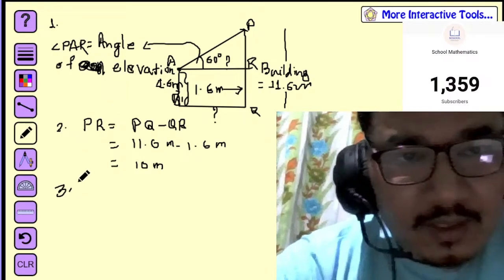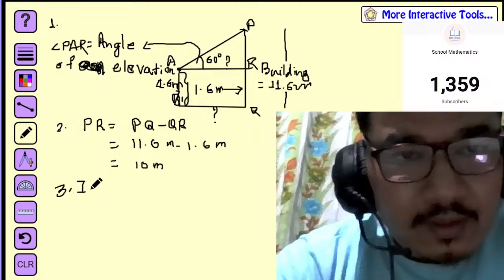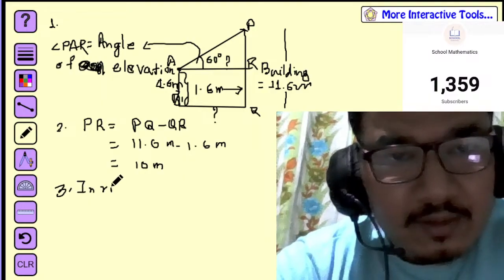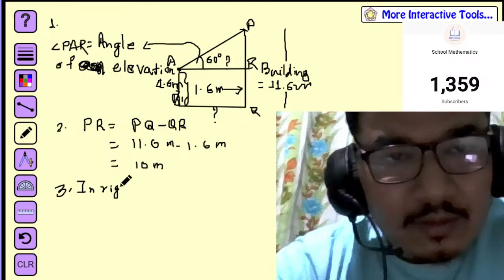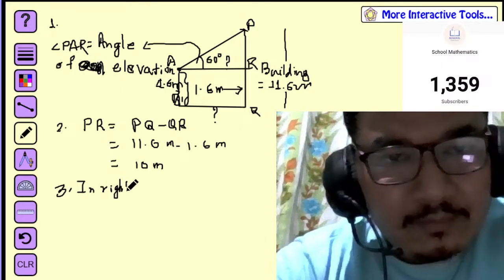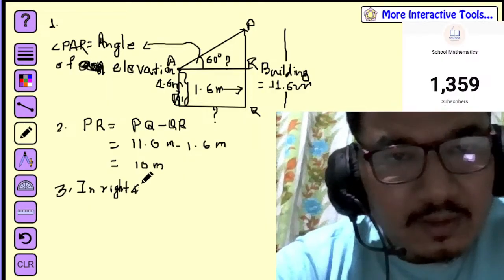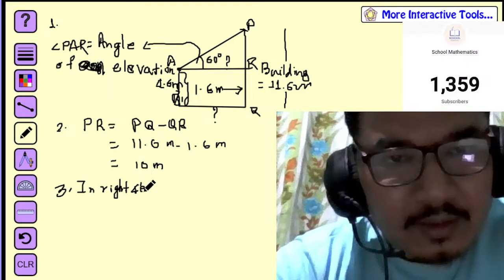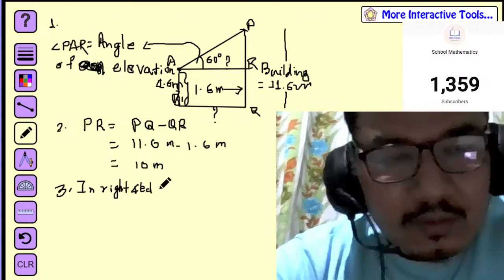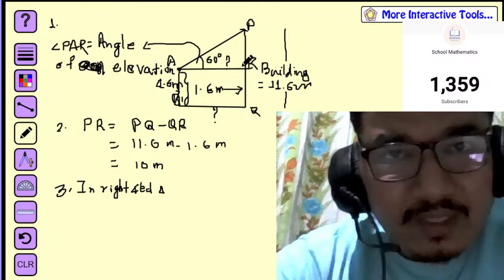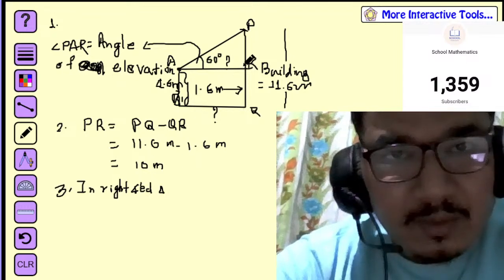Now write in a right angle triangle. This is the symbol of right angle, okay? Take the right angle triangle APR only, because here there will be 90 degree.